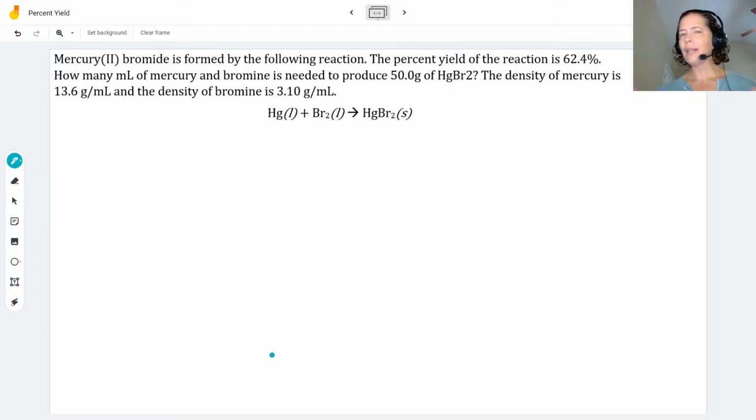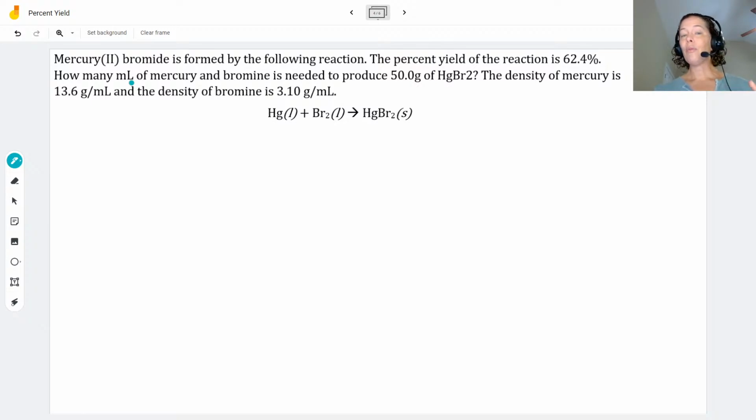This one is not asking for grams. It's asking for volume. It's asking for milliliters. So when you see volume, there are a couple of ways you can go with volume. Volume can be a part of a gas. Well, we don't have any gases here, so we're not going to be using any gas laws. Volume can be part of a concentration calculation, but we have no concentration calculation here.